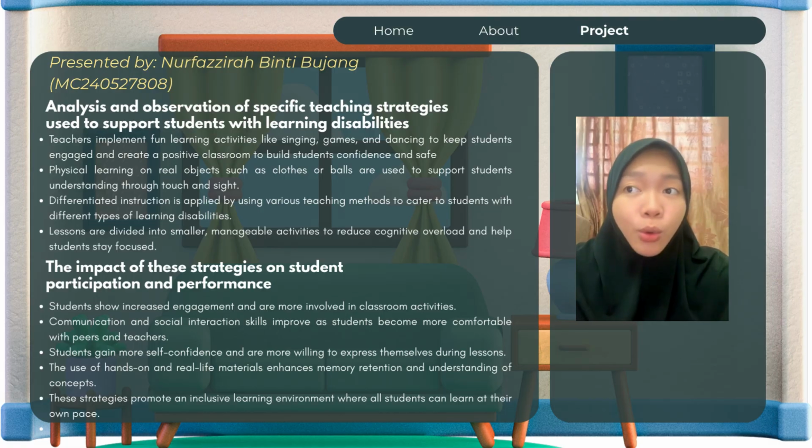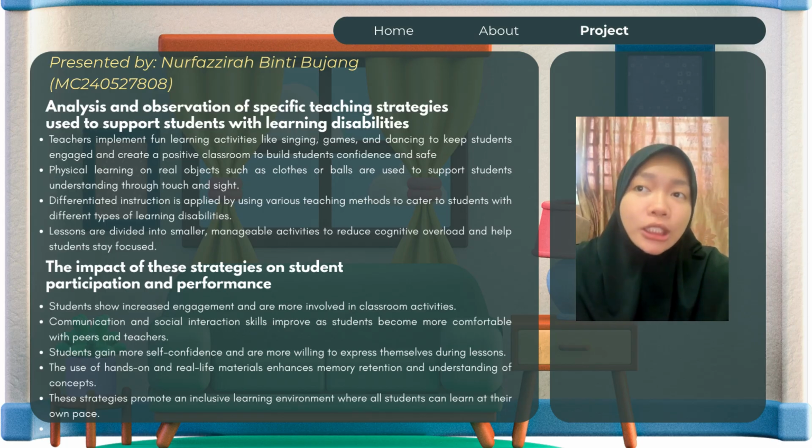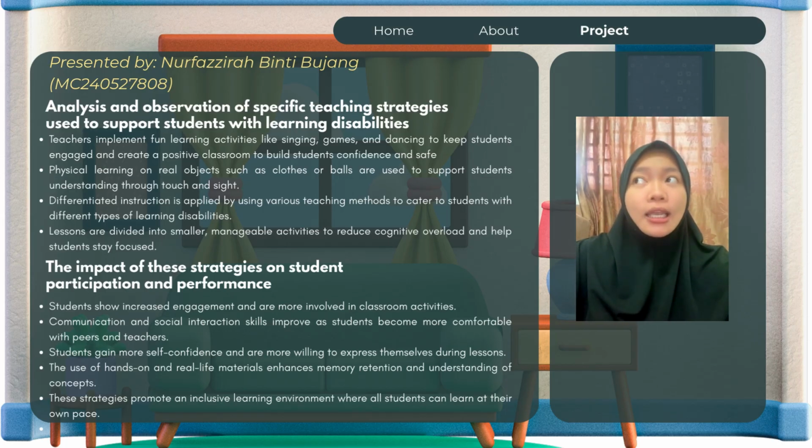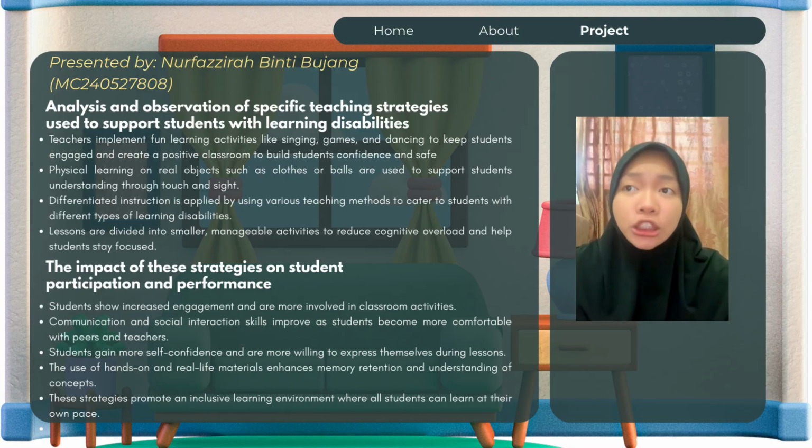And Miss Bessie also applies differentiated instruction, which means adapting her teaching methods to fit each student's individual needs. Since every student learns differently, she uses a mix of approaches to ensure that no one is left behind.